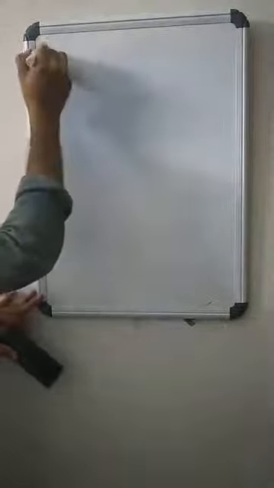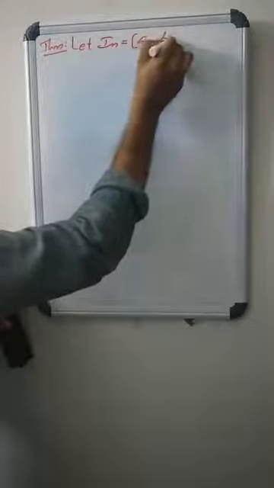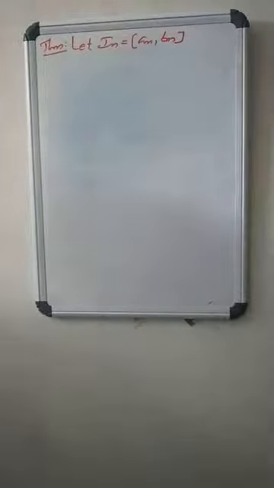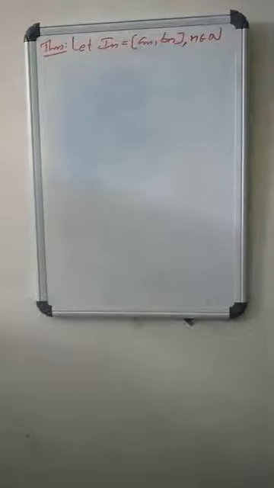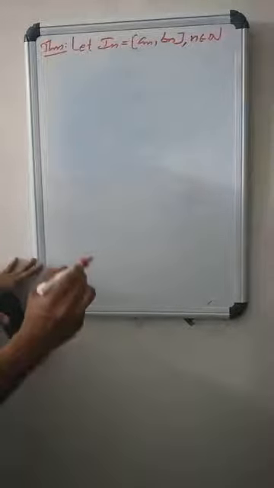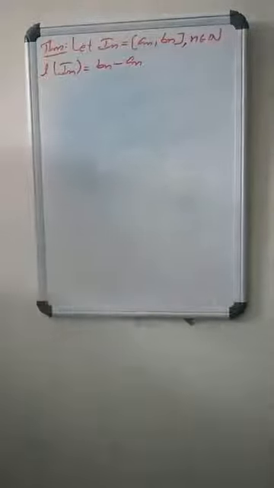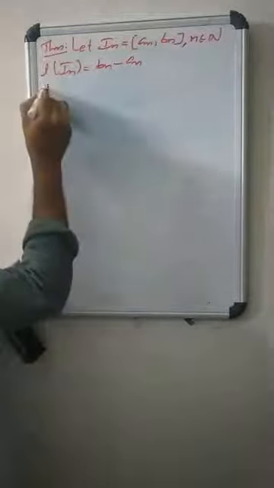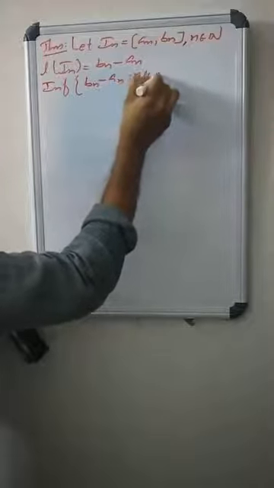Now there is a theorem. The theorem states: let In equal the closed interval [an, bn] for all n in N be a nested sequence of bounded and closed intervals, meaning the set of all In is a nested sequence, such that the length of In is bn minus an, and the infimum of the lengths of In, meaning bn minus an, for n in N equals 0.